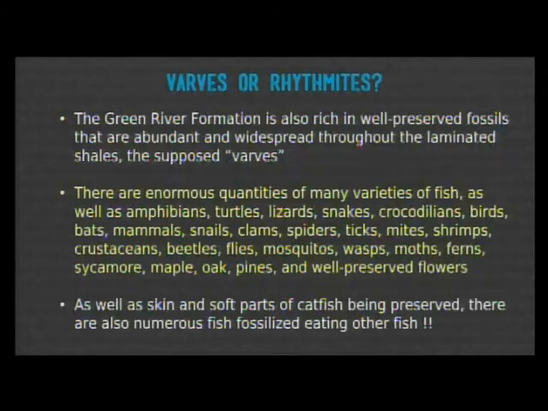The Green River Formation also is rich with well-preserved fossils that are abundant throughout these laminated shales. For example, enormous quantities of fish, amphibians, turtles, lizards, snakes, crocodilians, birds, bats, mammals, snails, clams, spiders, ticks, and so the list goes on, including well-preserved flowers.